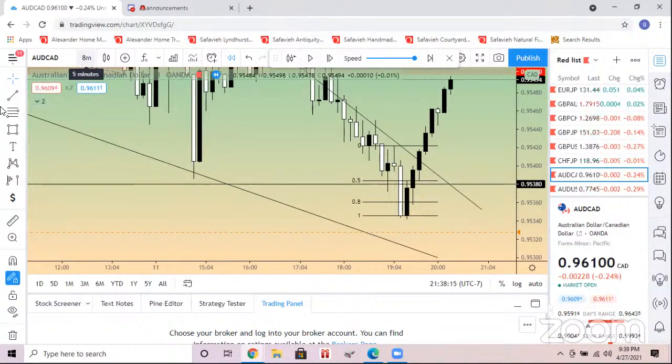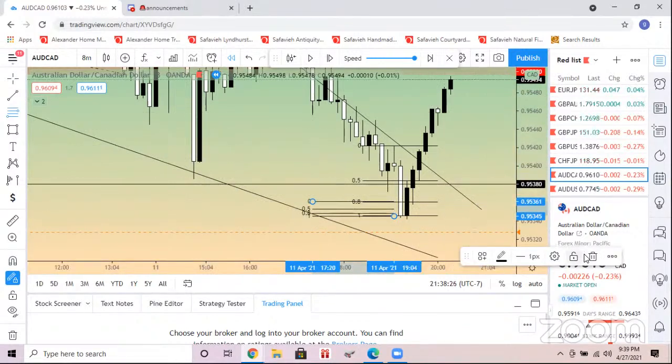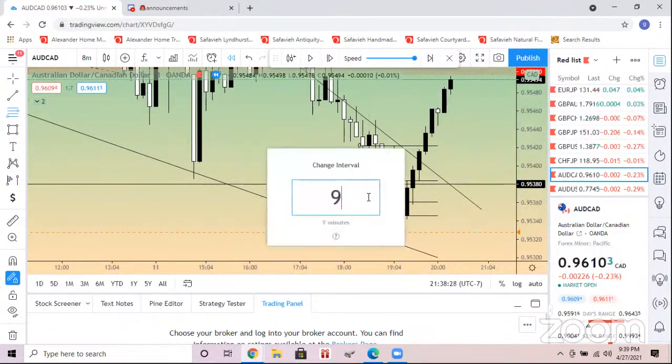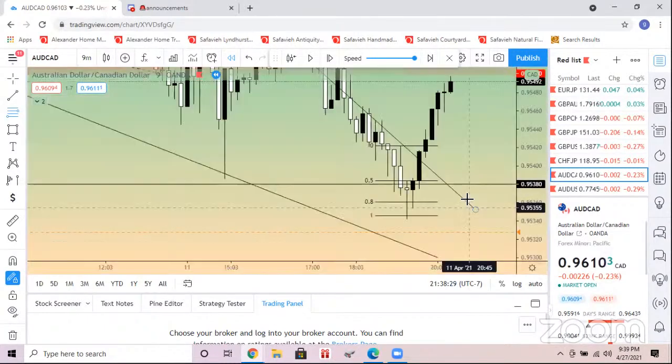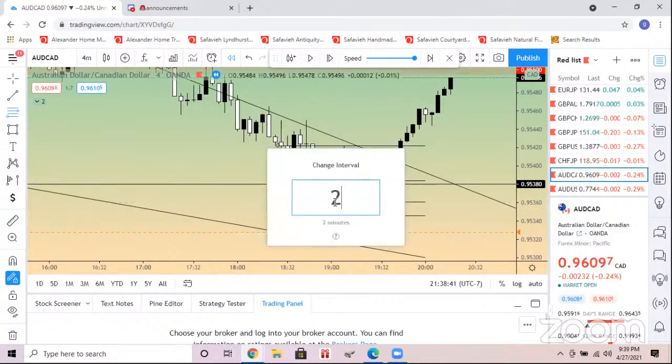Nothing there. The 80% might line up. No, not quite. Check out the 9. Nope. The 4. The 50% of that 4 lines up with the 80%. That's nice.